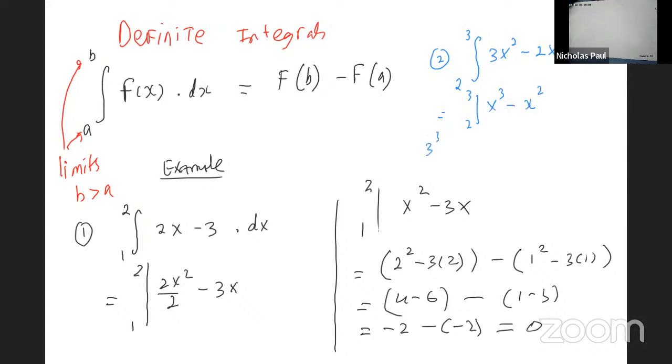So you're plugging in 3 cubed minus 3 squared, and then you have 2 cubed minus 2 squared. So that is 27 minus 9, which is 18. And 8 minus 4 is 4. So the answer is 14.